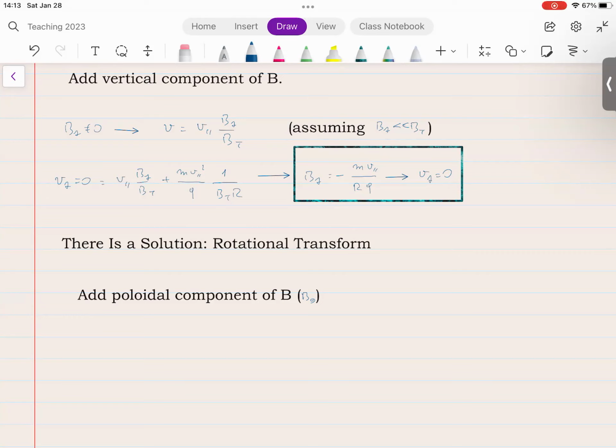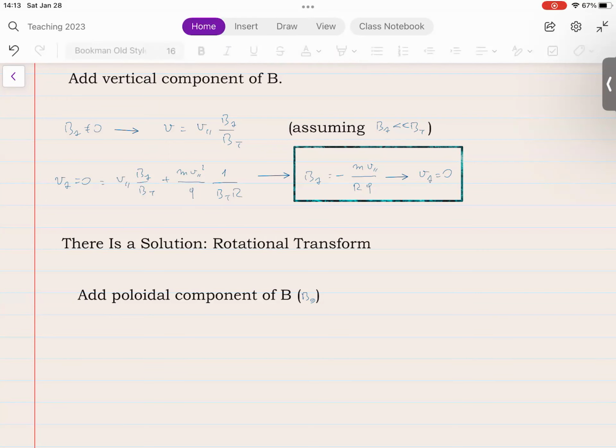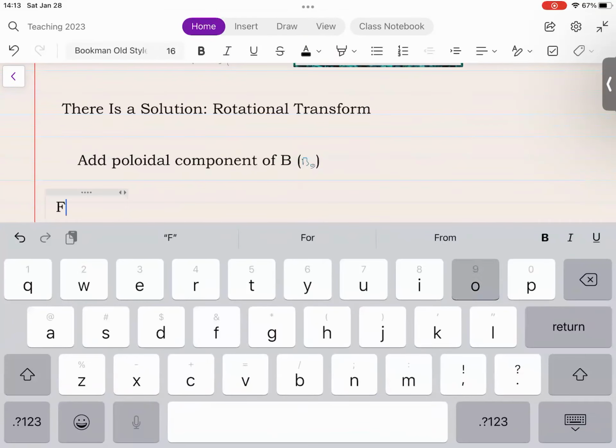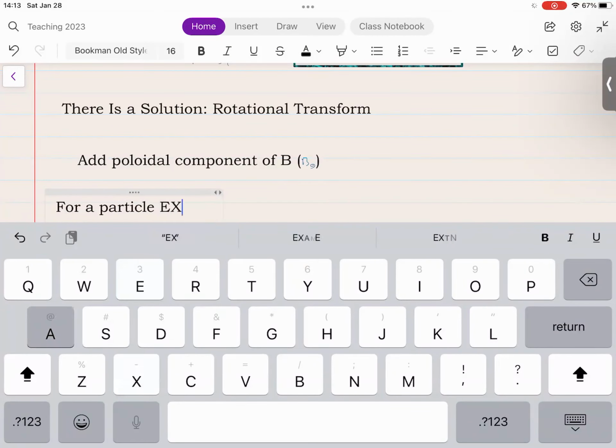Now, the equation of motion of a particle that's following the field is going to look like, let me type it. Let me be clear.